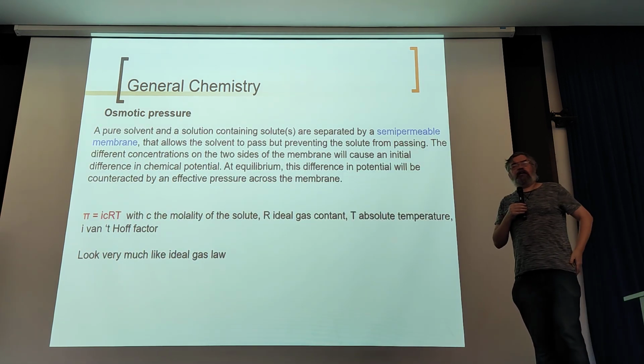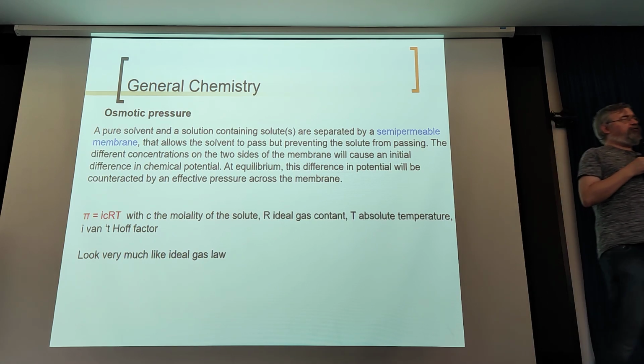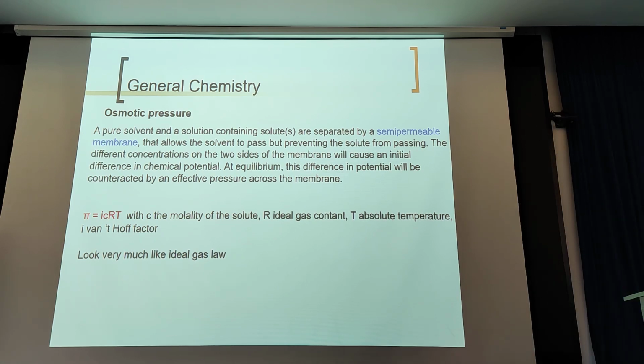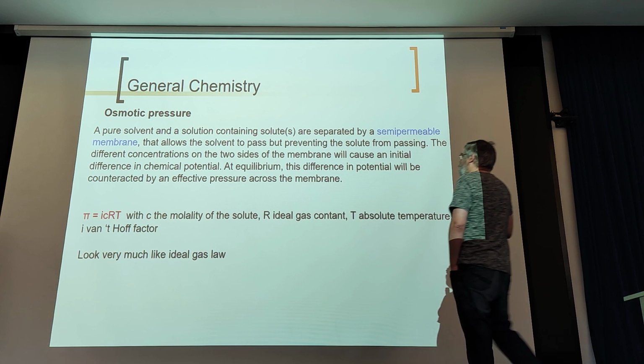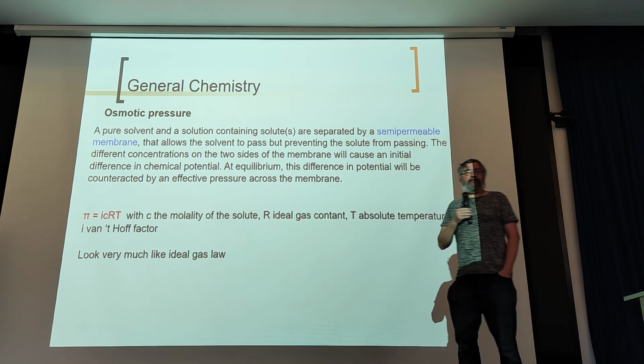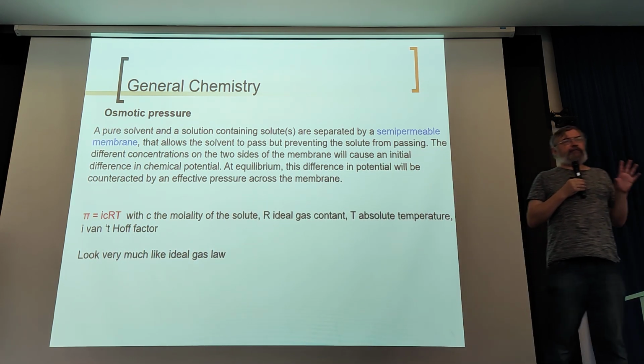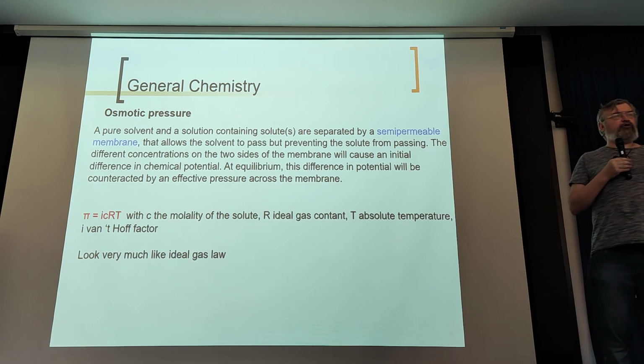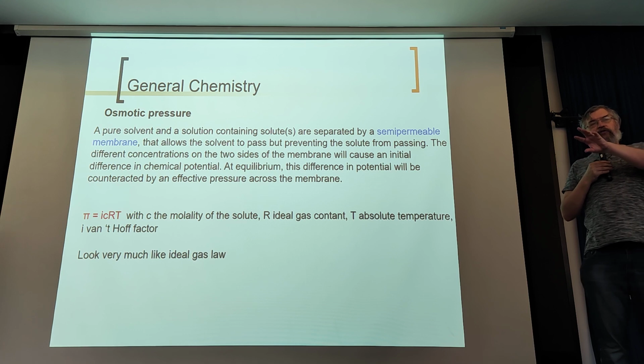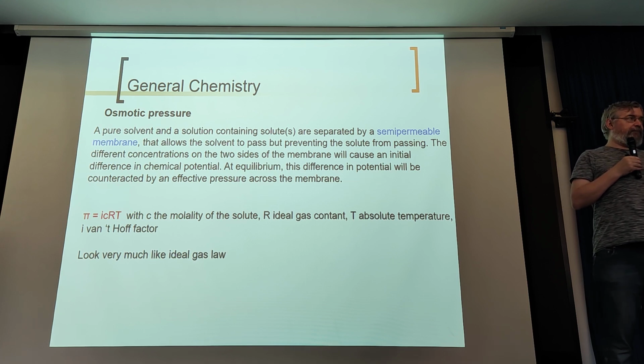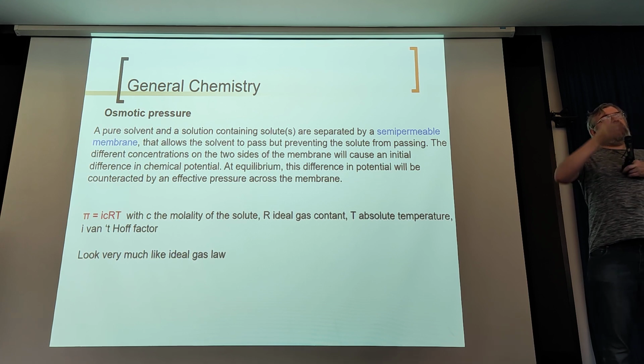Then the last part on qualitative properties is the osmotic pressure. Now, again, if we have two different solutions, and one is in fact not a solution but a pure solvent, and the other one is the solution containing solutes, and you make some contact between these two solutions with a membrane.